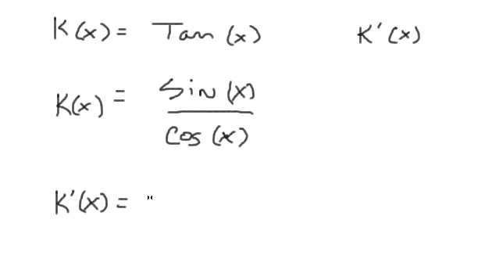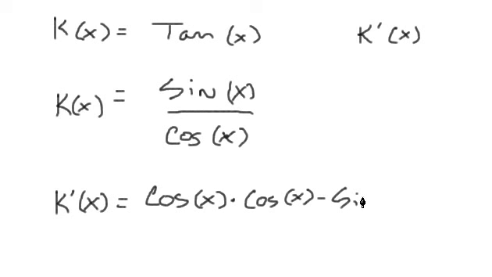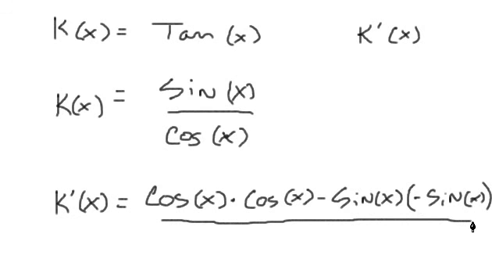Okay, the derivative of sine x is cosine x times the denominator, which is cosine x, minus the numerator, which is sine x, times the derivative of the denominator, and I'm going to put a parenthesis here because we have to use this negative, and it's negative sine x. And remember that it's all over the denominator squared.